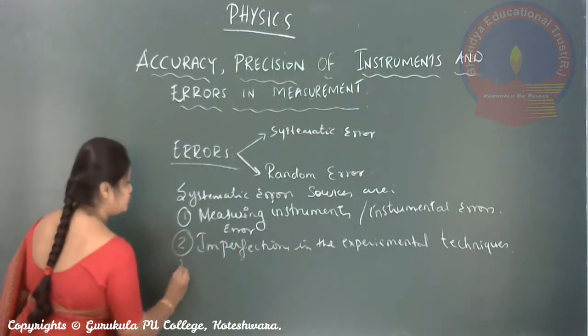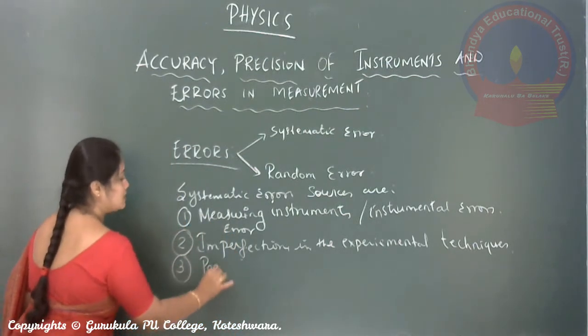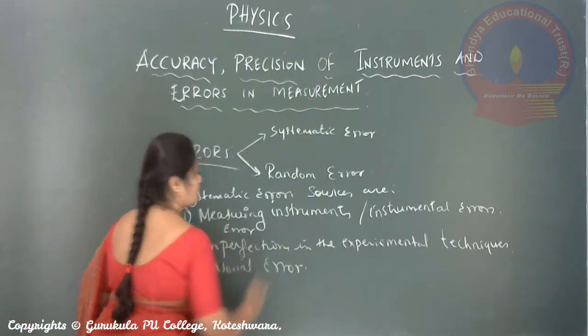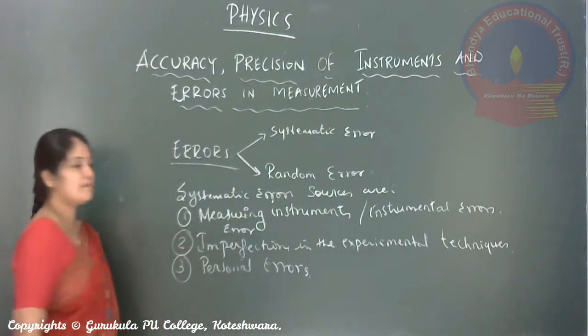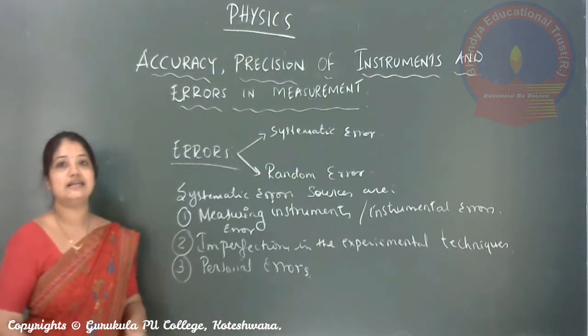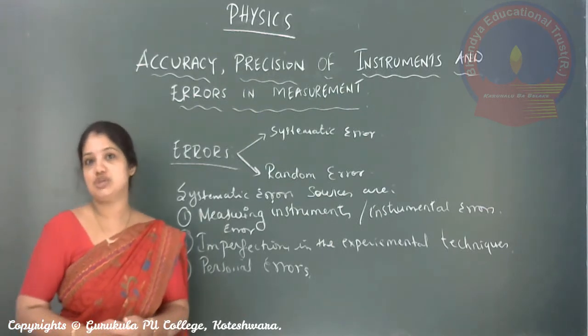The third one is personal errors. The word personal means it is due to individual bias.